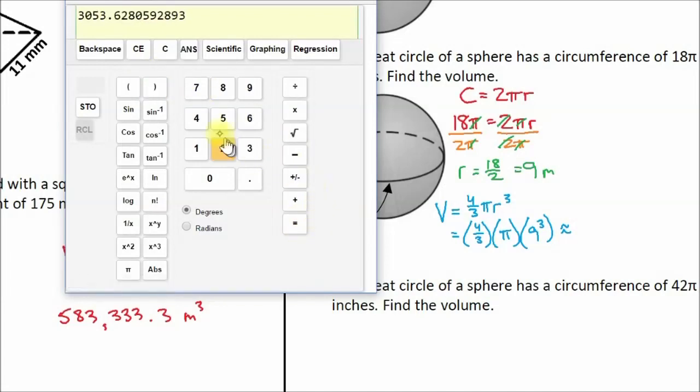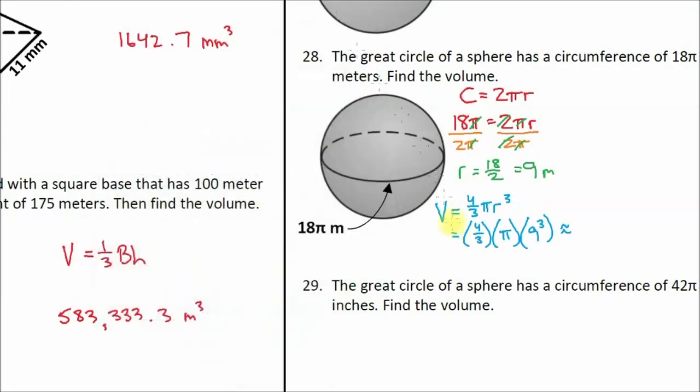There we go, that's correct. 3053.6. So it's approximately 3053.6, and that's meters cubed. So there is our answer for what is the volume of this sphere.